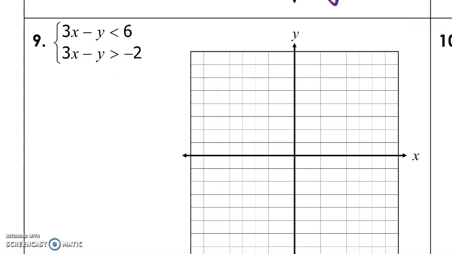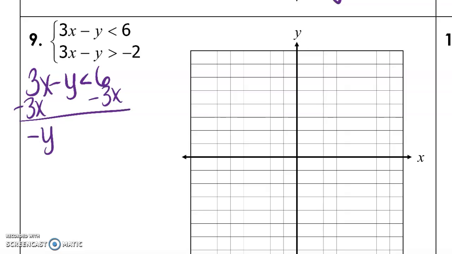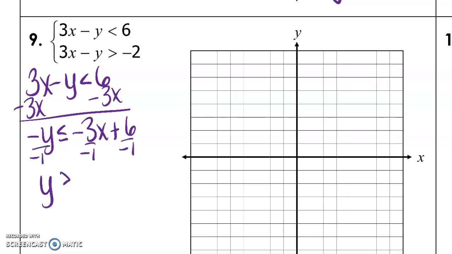So if I take the top one, I would subtract 3x, the opposite of y is less than or equal to negative 3x plus 6. Divide everything by negative 1. Y is greater than or equal to 3x minus 6.